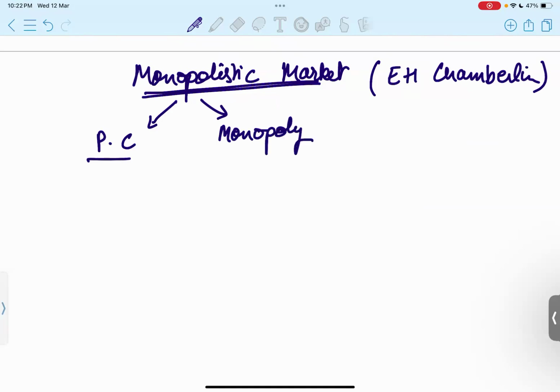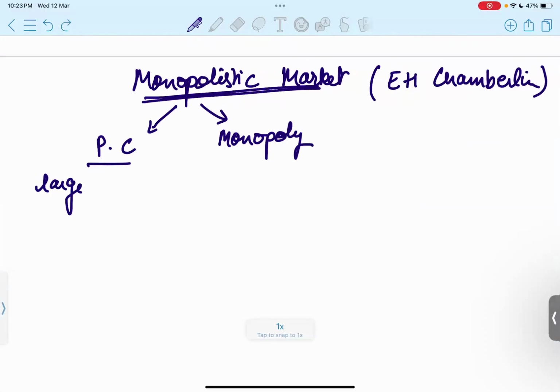So from perfect competition, the feature visible under the monopolistic form of competition is a large number of firms. From monopoly, we see differentiated goods.